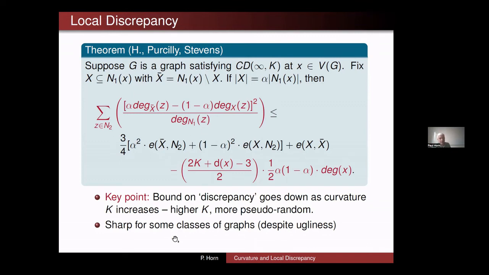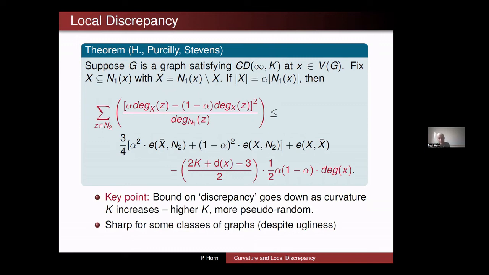Unfortunately, there are some other terms here. They're in a sense unavoidable. Some of them vanish. For instance, if you have a triangle-free graph, things are a little bit nicer. But this kind of discrepancy inequality, as I said, is a measure of how random I look. And the bigger this is, the more my vertices are tending towards one side or another. And this is governed in a way that the bigger the curvature, the better it looks.